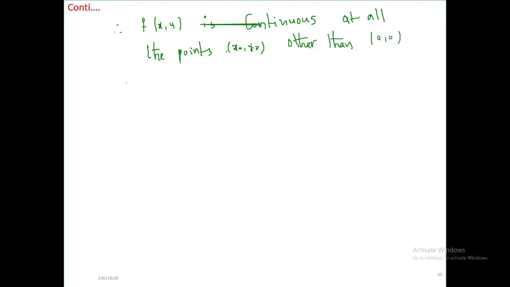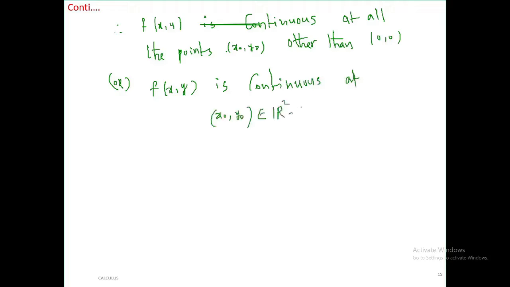Or you can comment like this: f of x comma y is continuous at x naught y naught, which belongs to R square minus the origin, I am removing the point origin. So in this domain it is continuous, except at the origin. This is the final comment of this.